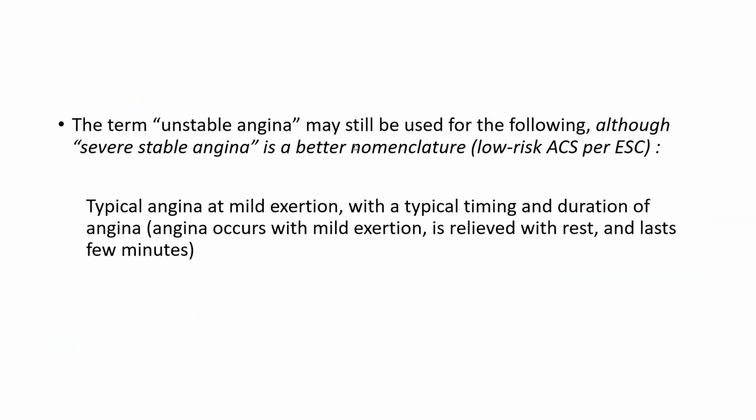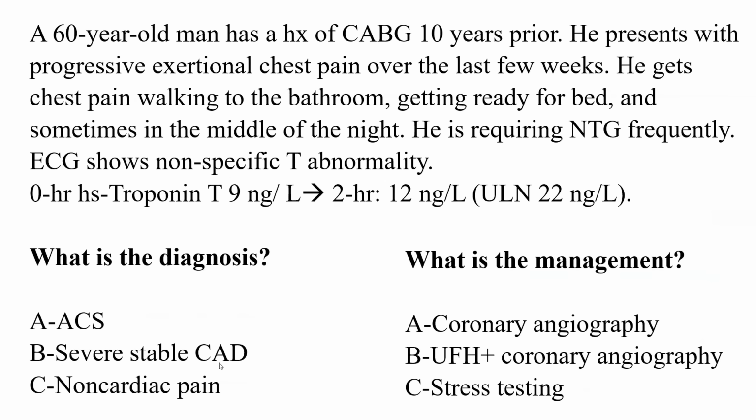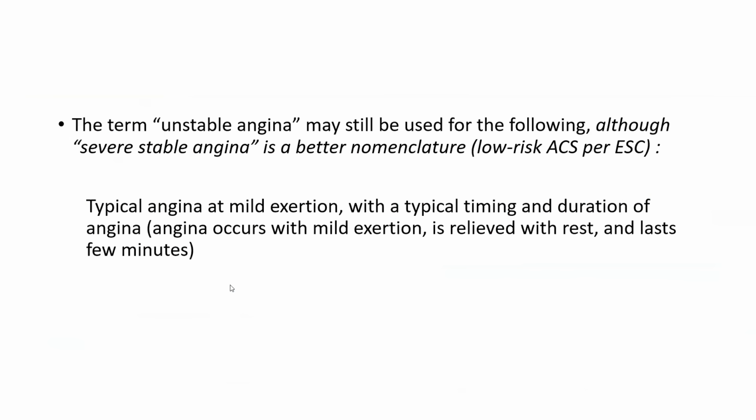So the term unstable angina may still be used for that patient, but the better terminology is severe stable CAD. And so you may still use the term stable angina for something like this: typical angina at mild exertion, with a typical timing and duration of angina. Angina occurs with mild exertion, is relieved with rest, and lasts a few minutes.